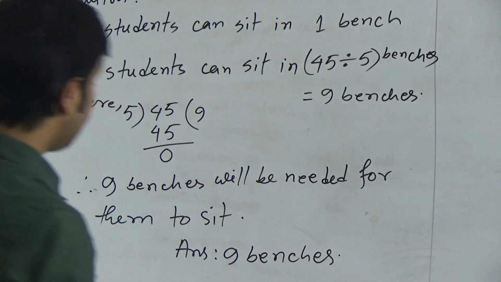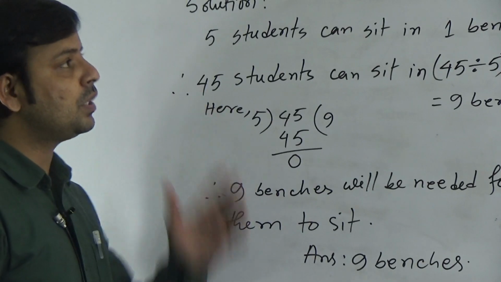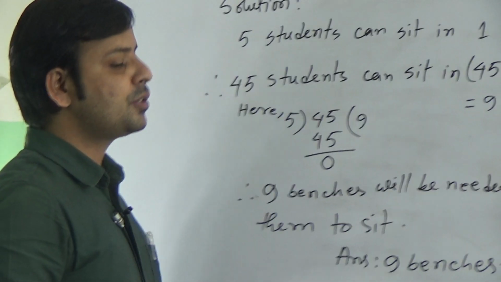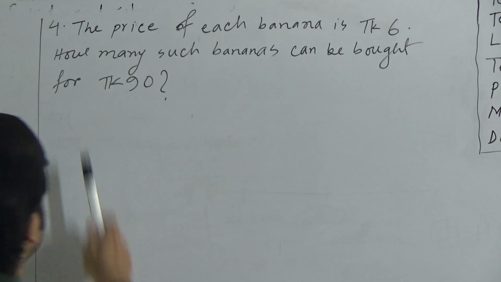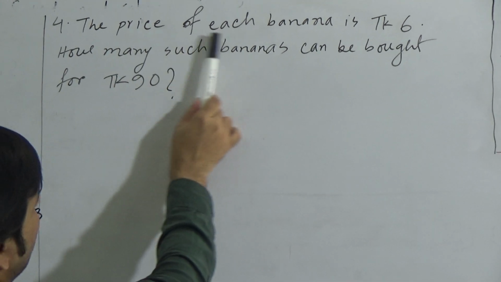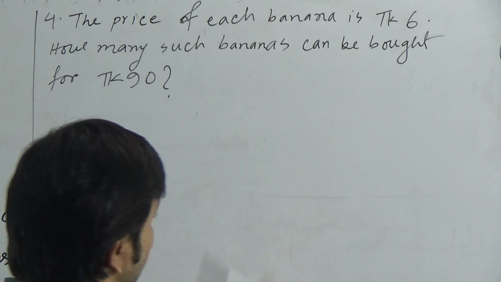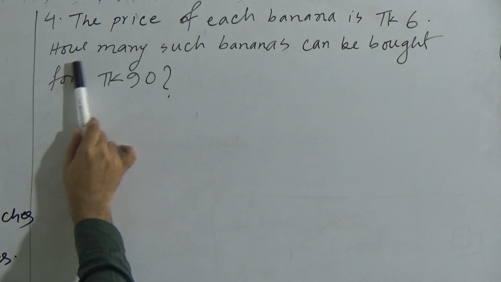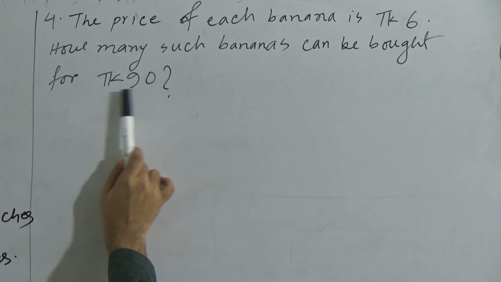Okay, dear students, I hope you have understood the solution of our first question. Now I will go to the second question. What is the second question? That is question 4. The price of each banana is taka 6. It means that the price of one banana is taka 6. How many such bananas can be bought for taka 90?